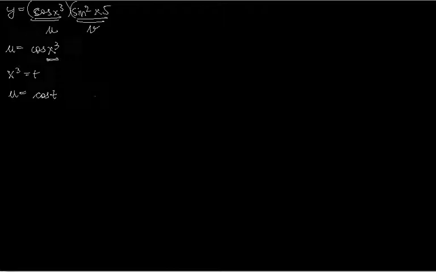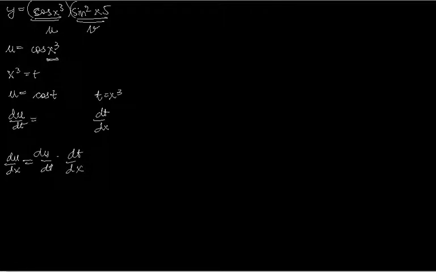And of course your t is equal to x cube, which you have assumed. So from here you can find out du by dt. From here you can find out dt by dx. And your du by dx would be nothing but your du by dt into dt by dx.